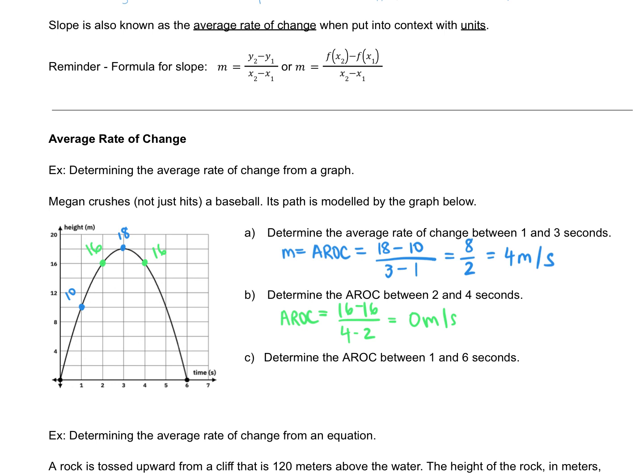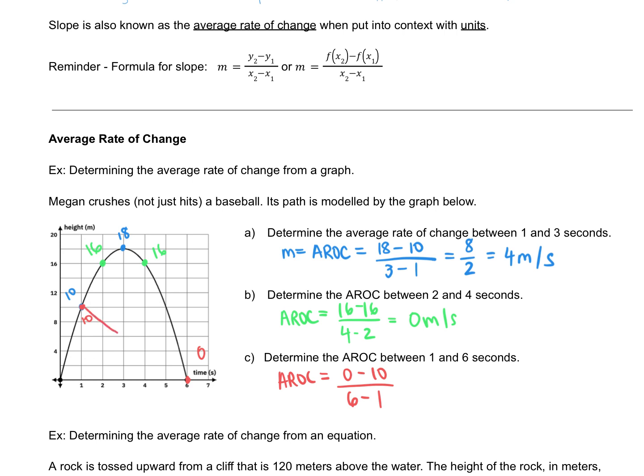Next, the average rate of change between 1 and 6 seconds. So at 1 second, we're at 10, and at 6, we're at 0. So our average rate of change is 0 minus 10 over 6 minus 1. So y2 minus y1 over x2 minus x1.